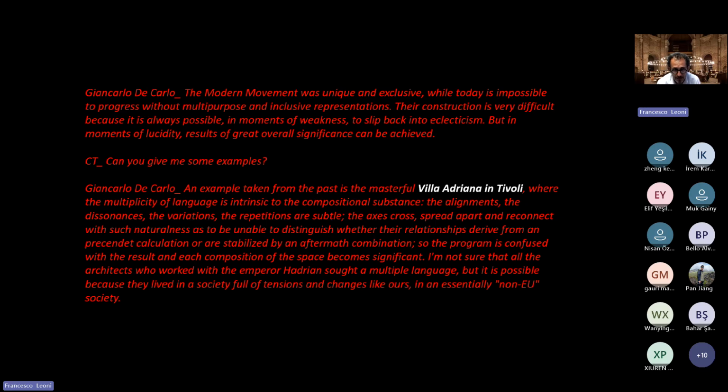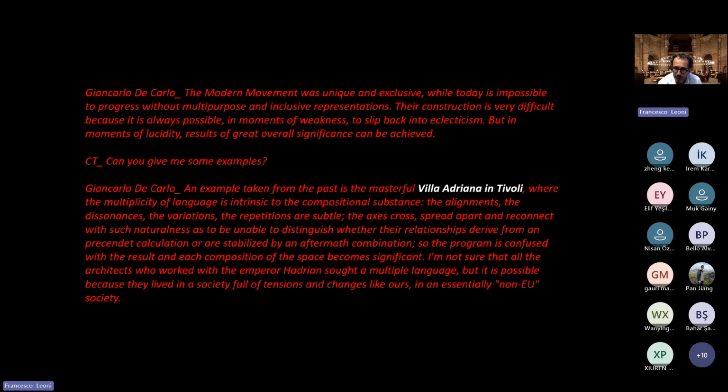The alignments, the dissonances, the variation, the repetition are subtle. The axes cross, spread apart, and reconnect with such naturalness as to be unable to distinguish whether their relationship derives from a precedent calculation or is stabilized by an aftermath combination. So the program is confused with the result, and this composition of the space becomes significant.